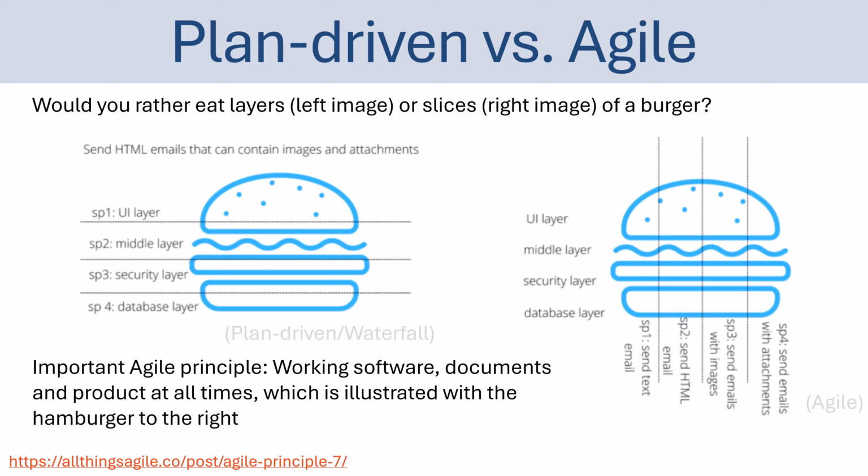Then together with the customer you start a new iteration where you select some new items from the product backlog, and then do the same. You select some new parts that you are going to develop, you document that part, you test that part, you install that part, etc.